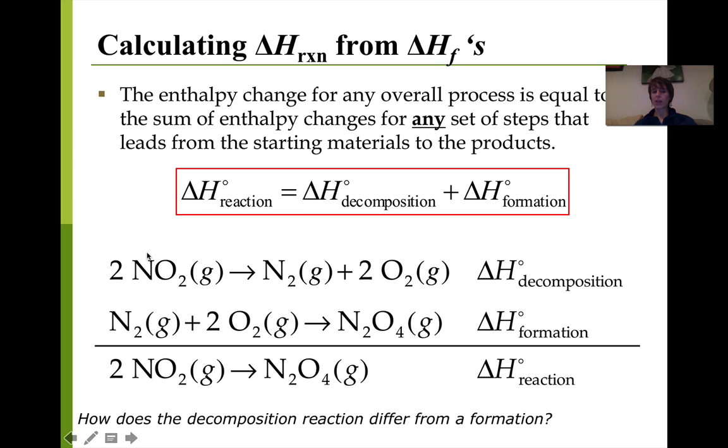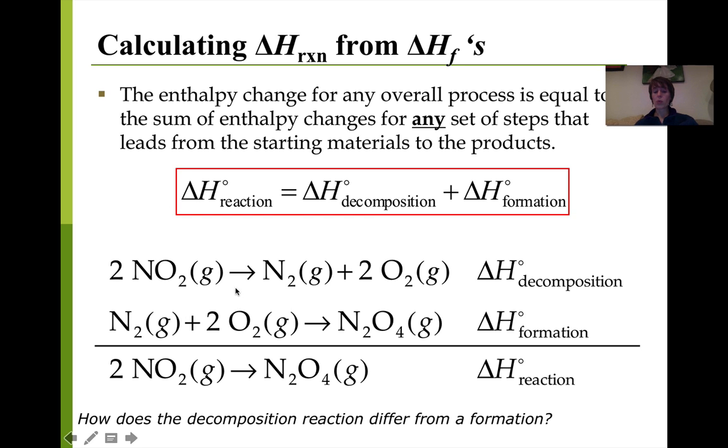If you have a decomposition that results in a nitrogen molecule and 2 oxygen molecules, and then that nitrogen and 2 oxygens get used in the second reaction, overall there's no production or loss of the 1 nitrogen molecule and the 2 oxygen molecules. They were produced in the first step, used in the second step.